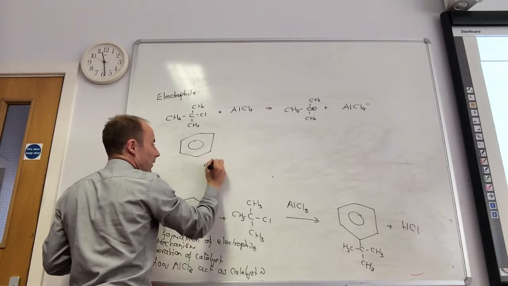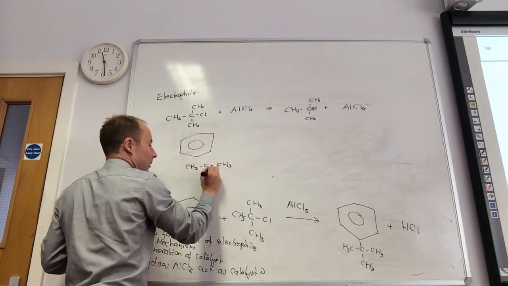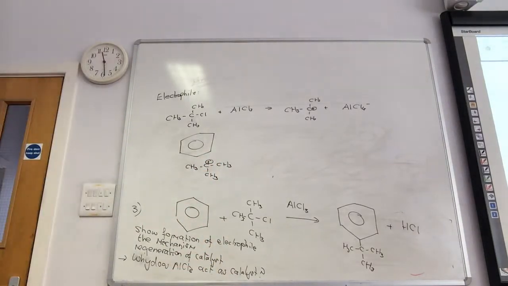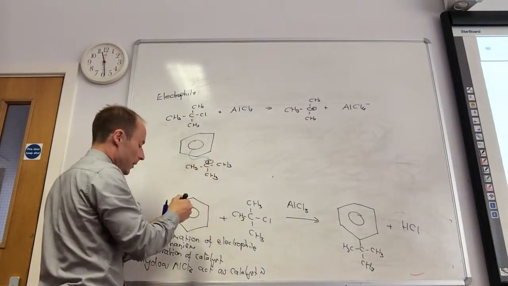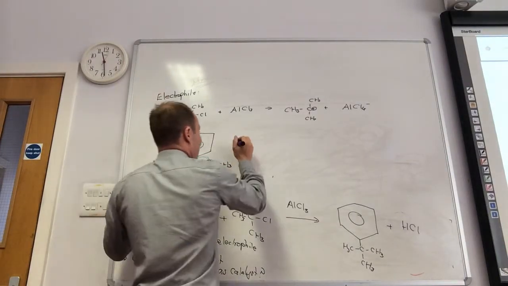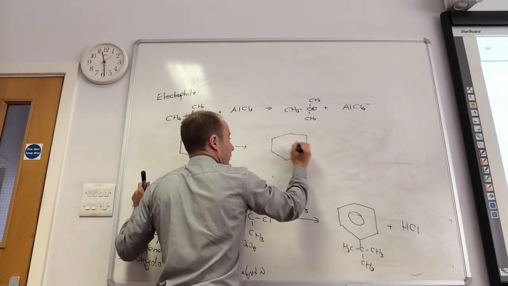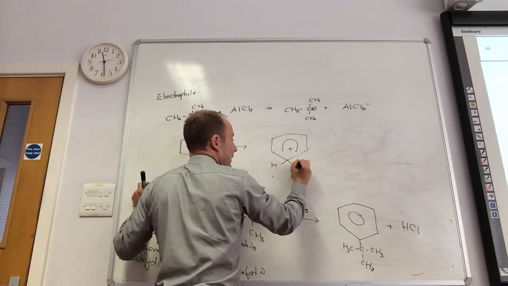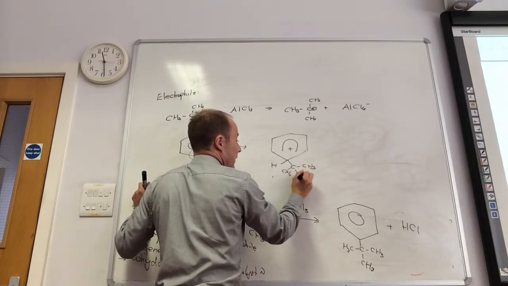There's my benzene boy. Here's my electrophile. Same routine, nothing changes. Out come my electrons to the carbon. They give me the intermediate with the positive charge there, H there, form my carbon-carbon bond there, very exciting.